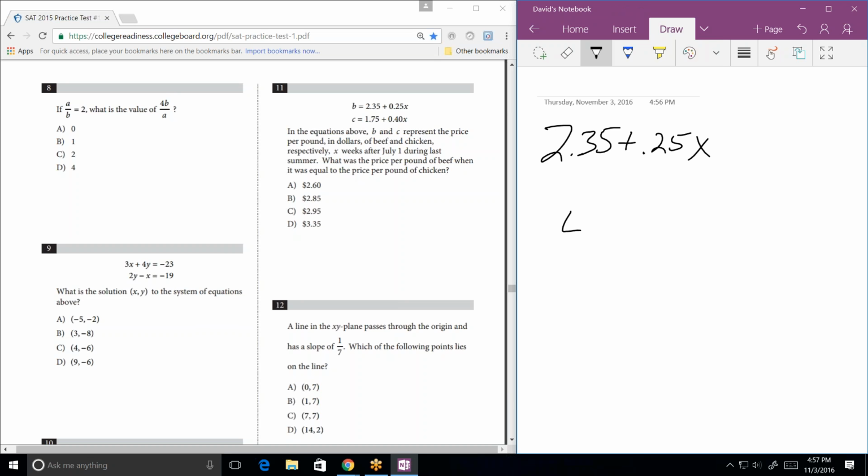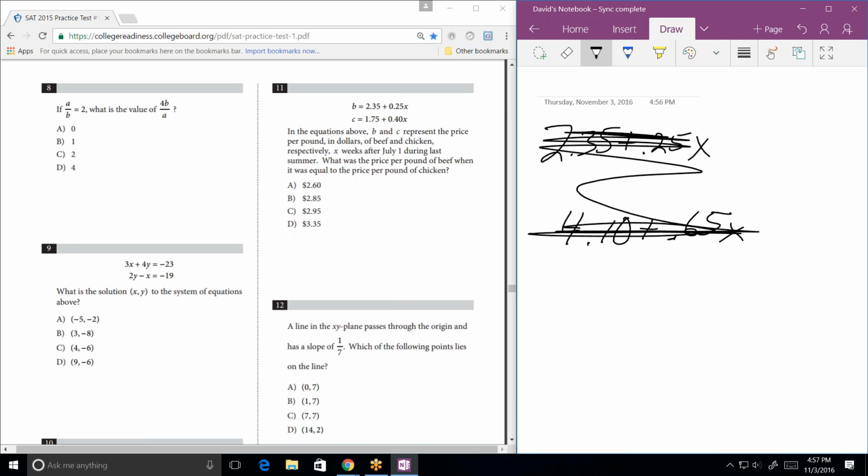So let's see, what do we end up with? We end up with 410 plus 0.65x. Yeah. Gotta subtract them. We got that equals that, so we end up with 0.6 on the left and 0.15x on the right.